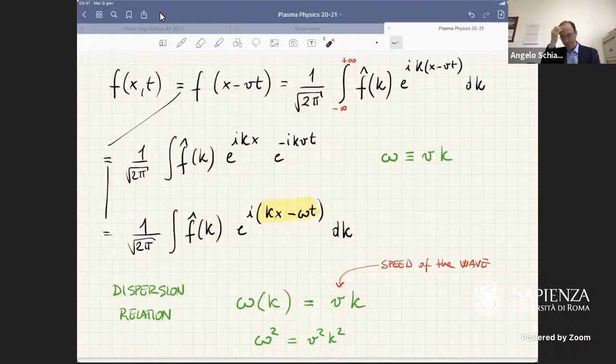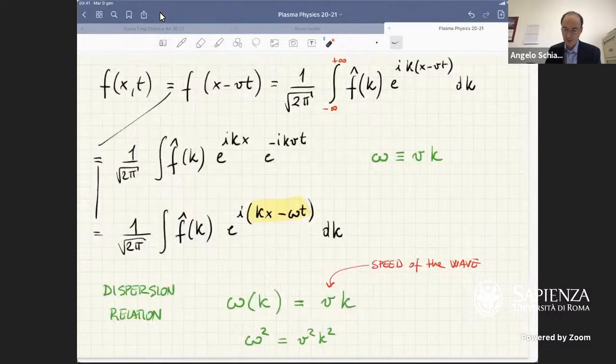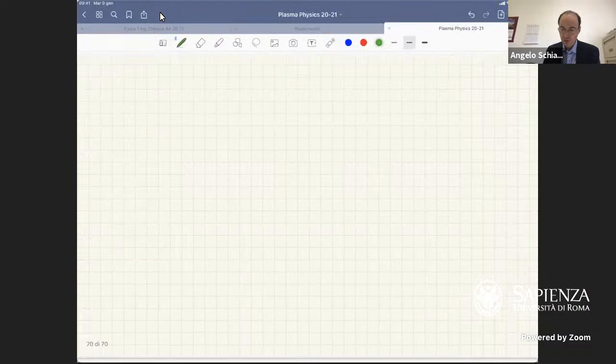So let's see what this dispersion relation corresponds to. We go onto Fourier transform space from x and t, into omega and k vector space.